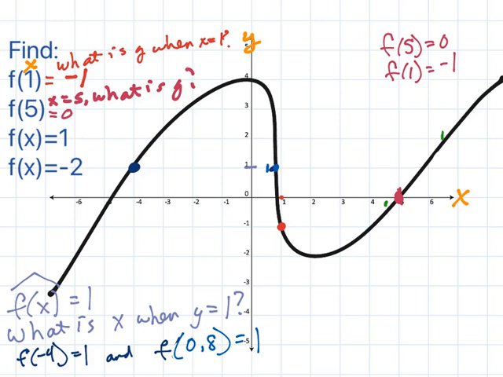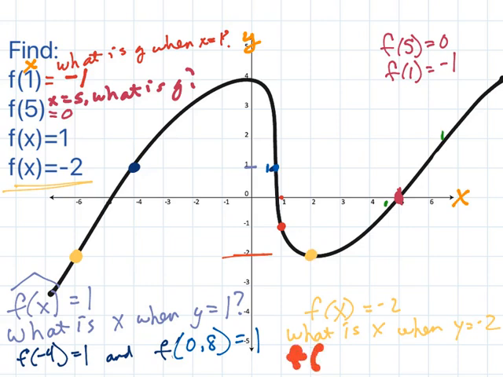All right, so let's go to the next one. If I'm talking about f of x equals -2, so what is x when y equals -2? So again, we find -2. Here's -2. What are the x values? Well, you can see it crosses the graph here, and it crosses the graph here.